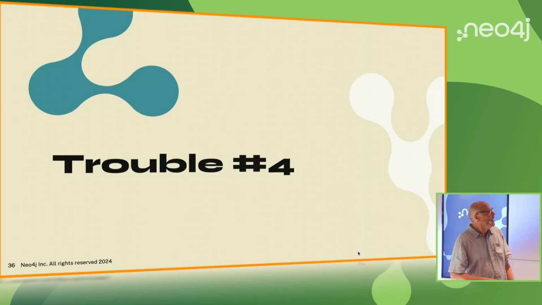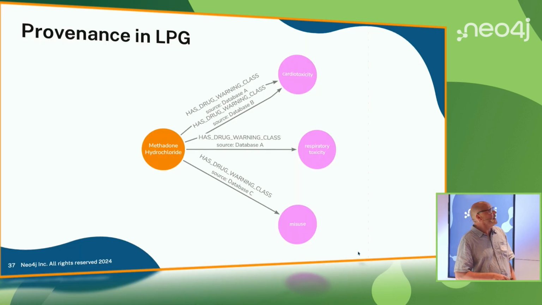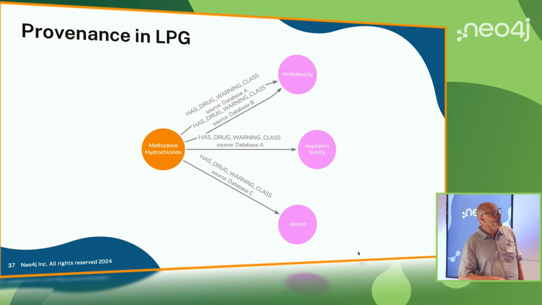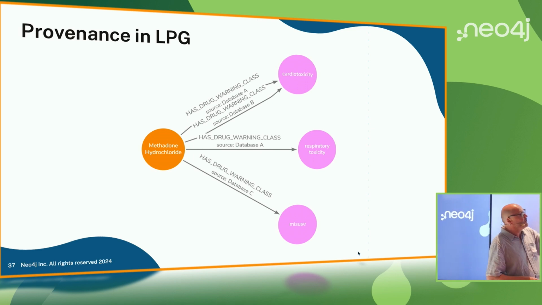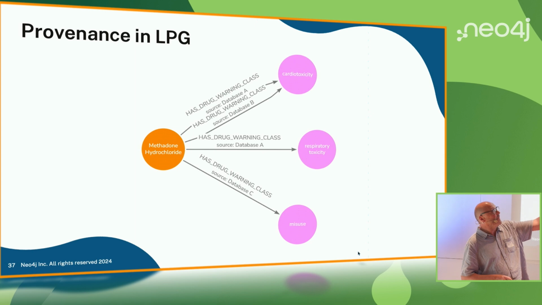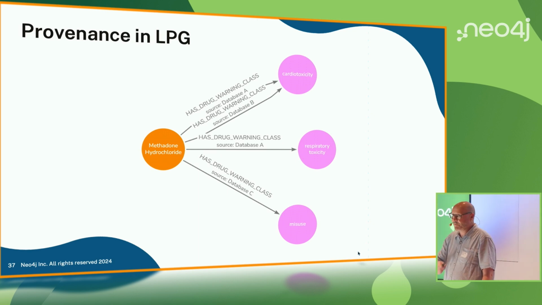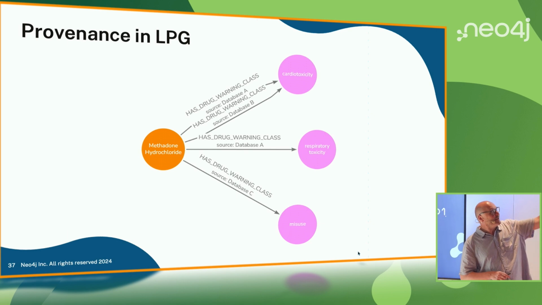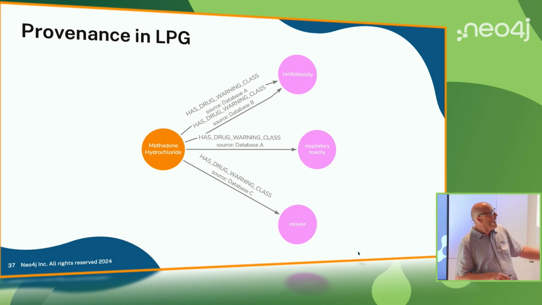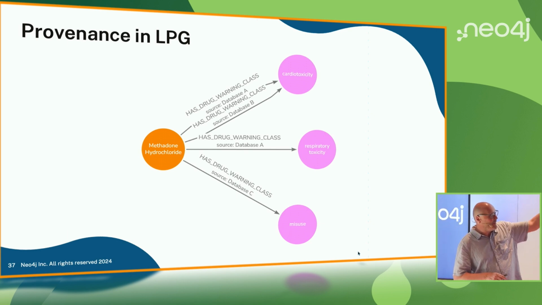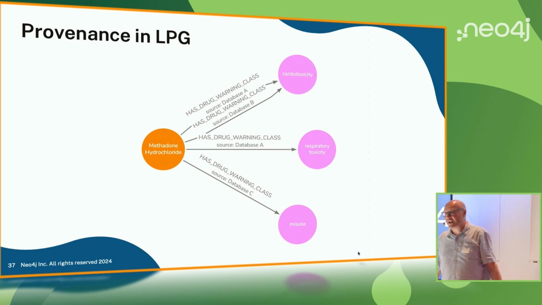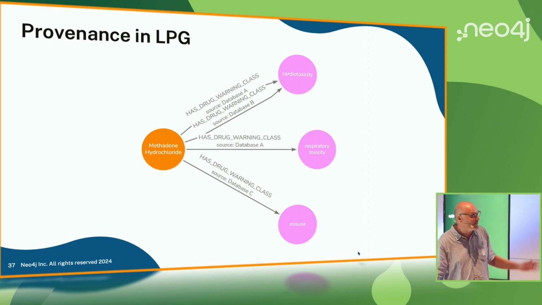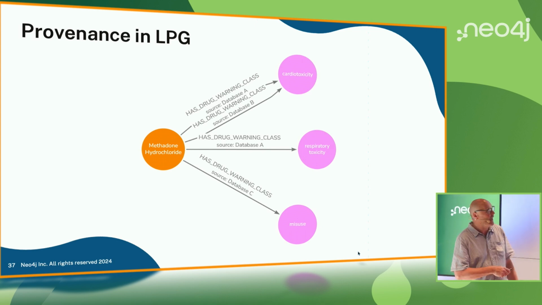In this example, we've got a drug with a particular warning associated with it, and a relationship representing the source that information came from. Within database A, it references cardiotoxicity for this methadone, and also in database B, but the provenance could change. There could be different things coming from different sources, and that's what we wanted to capture as we import the data.